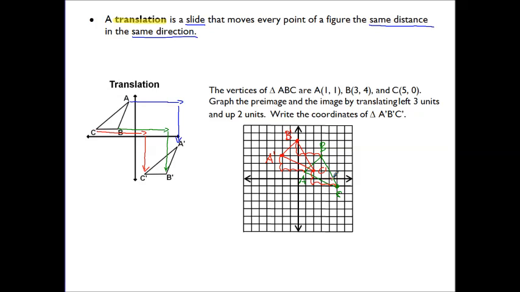And now we're going to write the coordinates of our triangle A prime, B prime, C prime. A prime is at -2 and 3. B prime is at 0 and 5. And C prime is at 2 and 1.